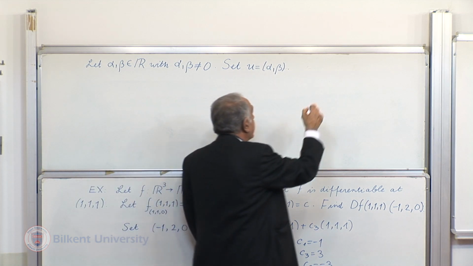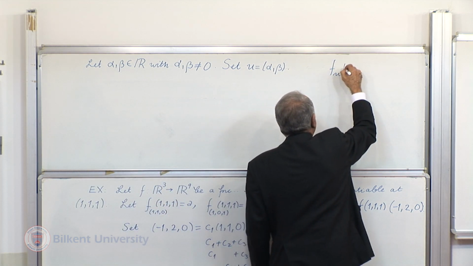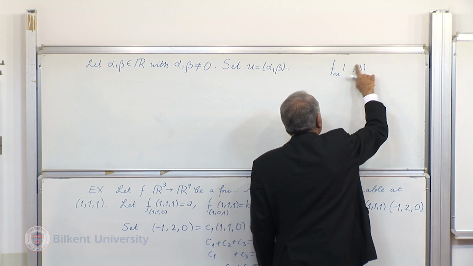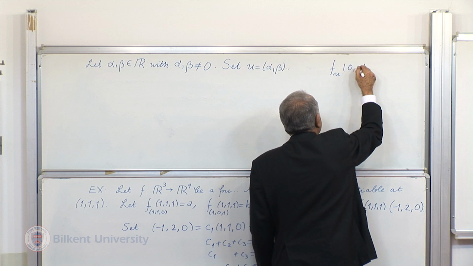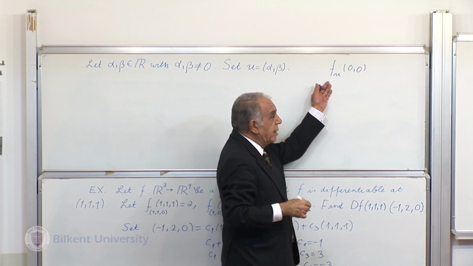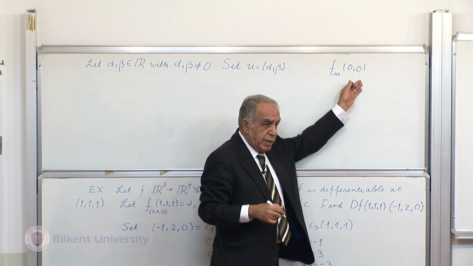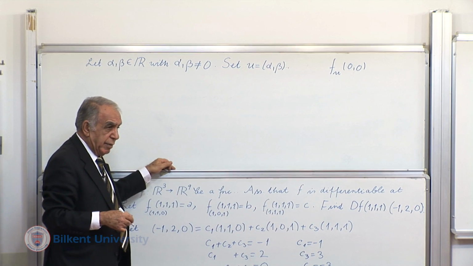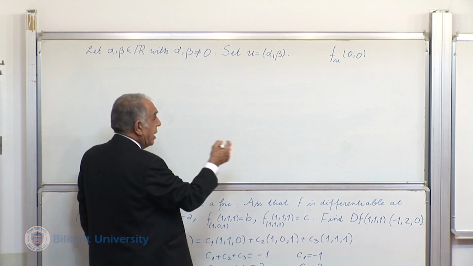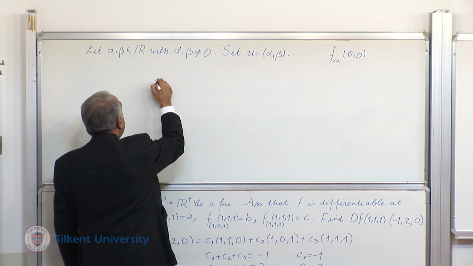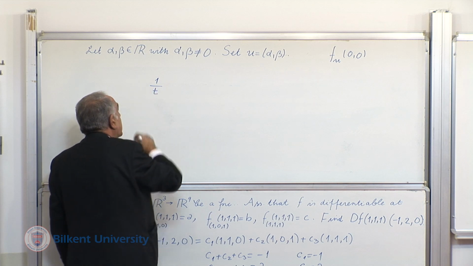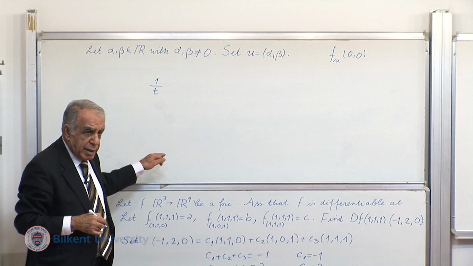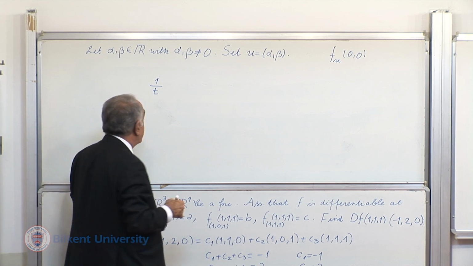The question is whether f sub u at 0, 0, the directional derivative of f at 0, 0 in the direction of u, where u is given by alpha, beta, exists. Now let's check the same expression for this u, and check whether it has a limit when t tends to 0.